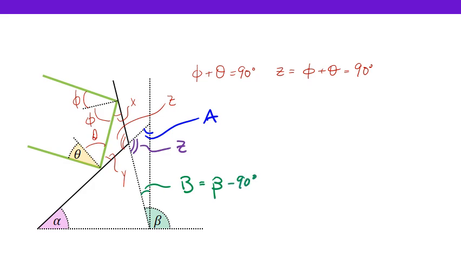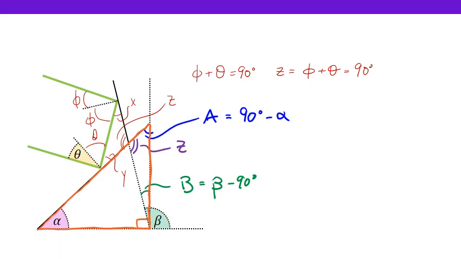That's B. A is a little bit trickier, but if I can recognize that this is a triangle here, and this one is 90 degrees, then I can get A's relation to alpha, because A is going to be 90 degrees minus alpha. Okay. And from there now it's just adding up.